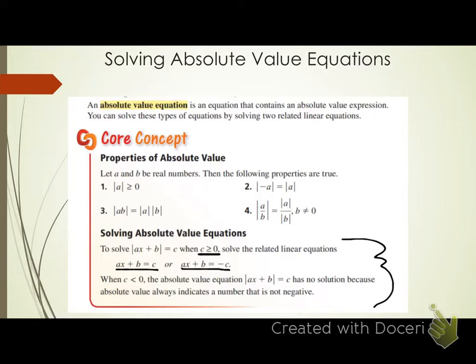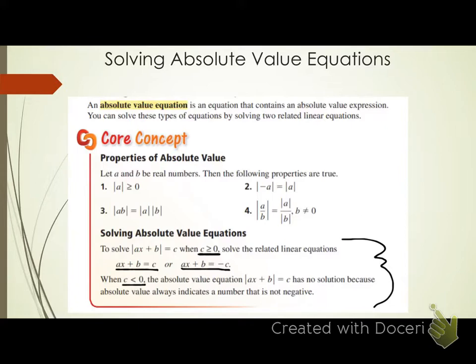Okay, this second part of the paragraph is equally important. When C is less than 0, what numbers are less than 0? Negative numbers. So when my C value is negative, the absolute value equation, absolute value of ax plus b equals c, has no solution because absolute value always indicates a number that is not negative.